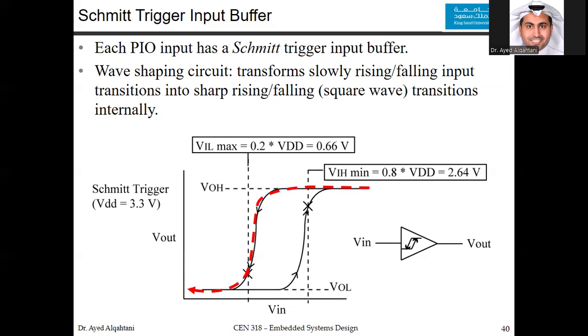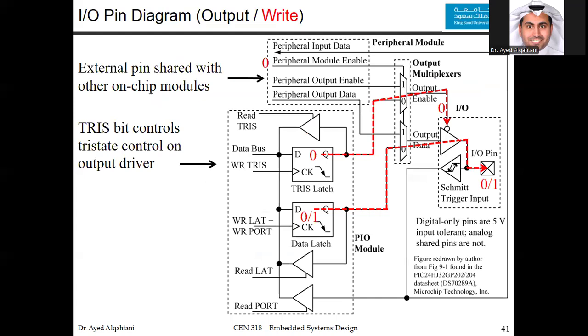Now let's go back to our discussion. We will go through it step by step, only for the TRIS here. This is in case you want to make this pin output, or in case you are trying to write. So at this point, you will choose this pin to make it 0. You choose this input and this input. This input is actually the output of the TRIS latch or the TRIS flip-flop.